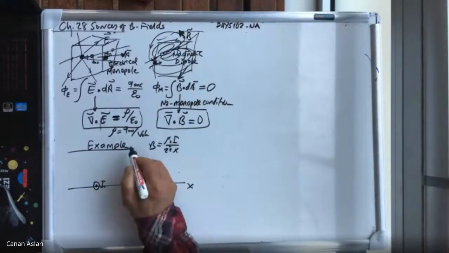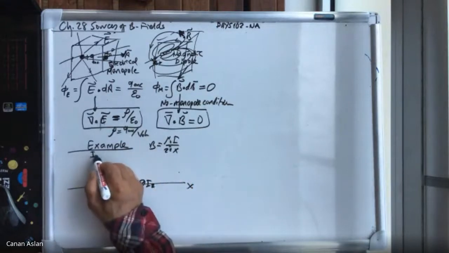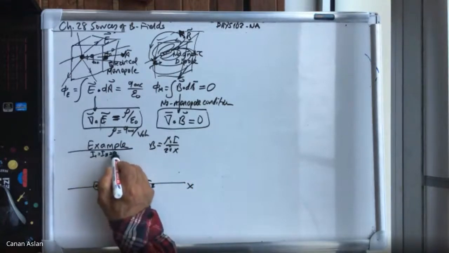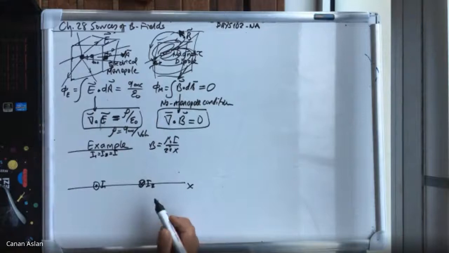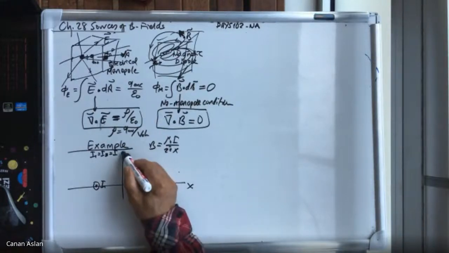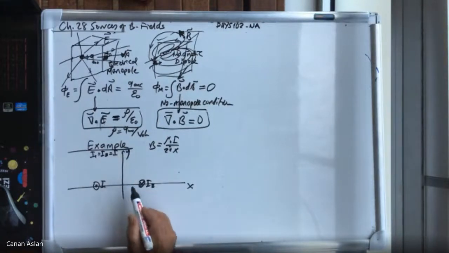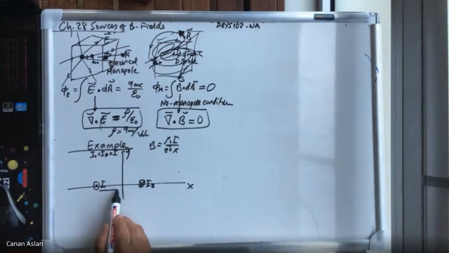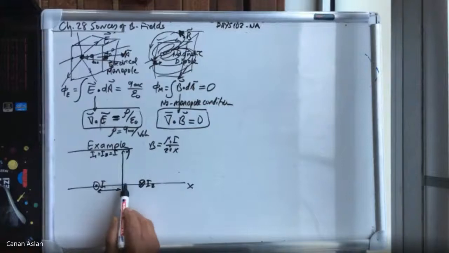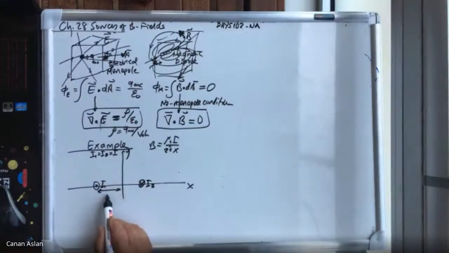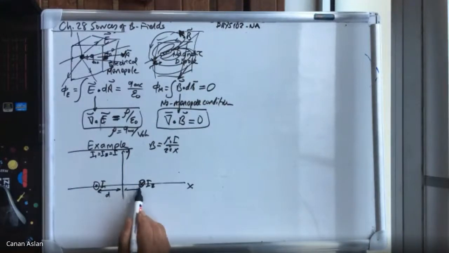And we assume that I1 is equal to I2, equal to I. Now, the center line is the y-axis passing through the center, and the distance from the currents to the center is just d for both cases.